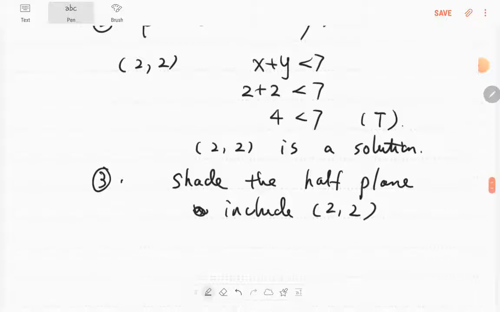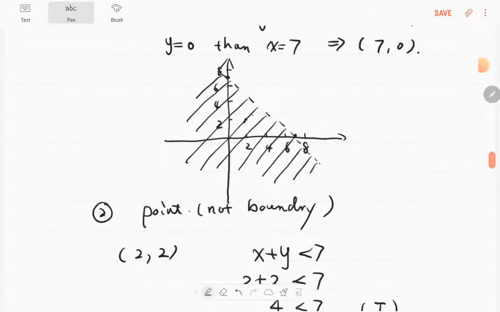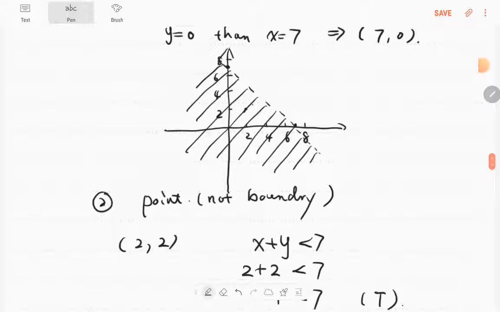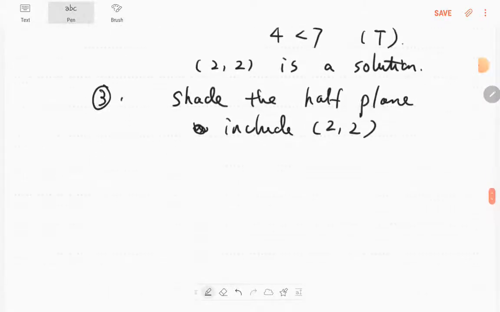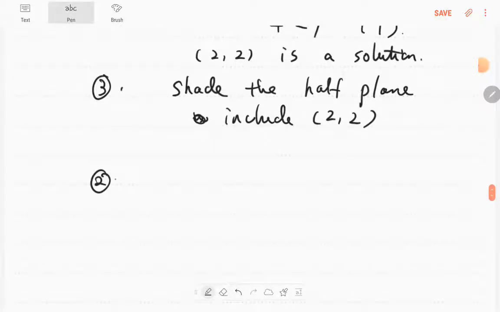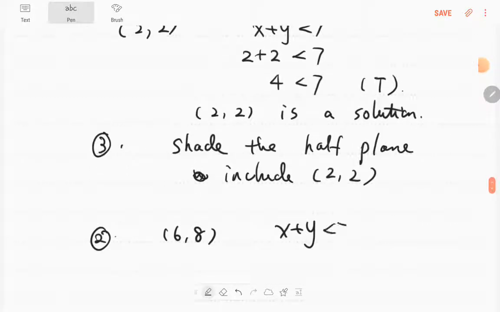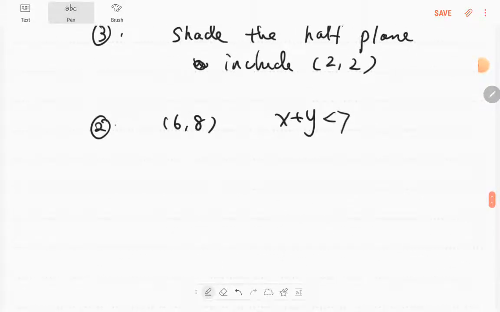But sometimes, of course, we can pick, let's see, 6, 8, this point. If in step 2 we pick 6, 8, we still go back to the original inequality. This time we use 6 to replace x and 8 to replace y. Then we check the left side, we'll get 14, and right side it's 7.